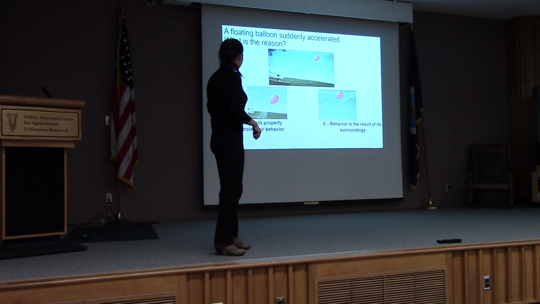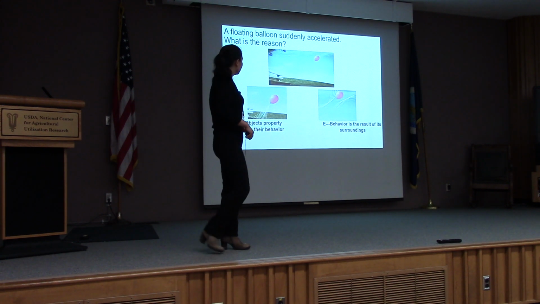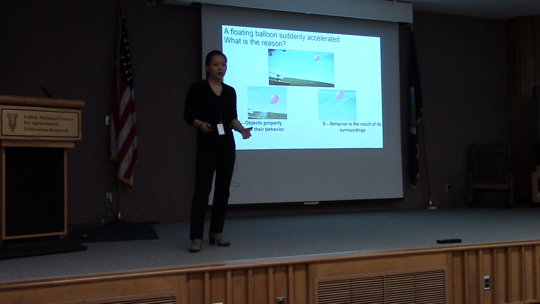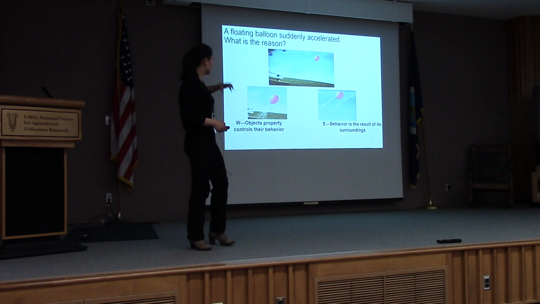But the Westerner thinks the object's properties control its behavior. You can see a lot of this reading in the news. You will see how the government officials reacted to this diplomatic matter in a very different way, right? In terms of how the behaviors result from the surroundings.